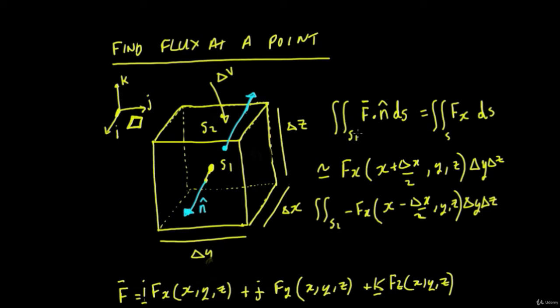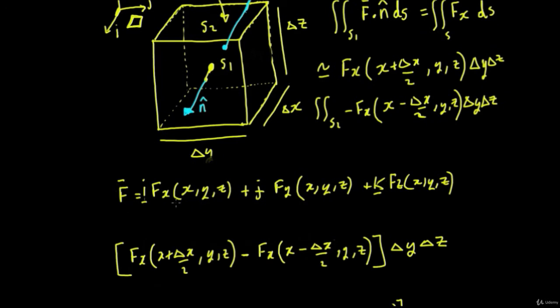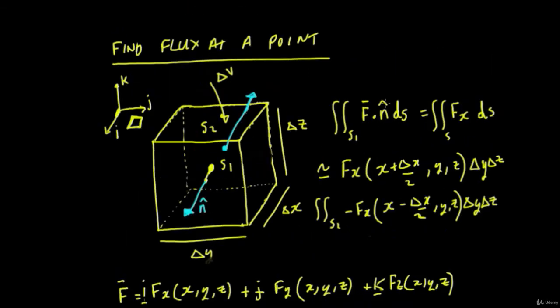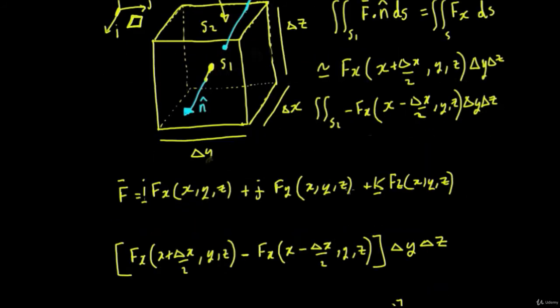Also, if we look at this surface integral over S1 of the normal component of the field here, we can draw out just a vector function, so the function has a component fx in the i, fy in the j and fz in the k. Then when we take the dot product of this vector function with the normal, the normal is just in the positive i direction, so it's the dot product of this with i.